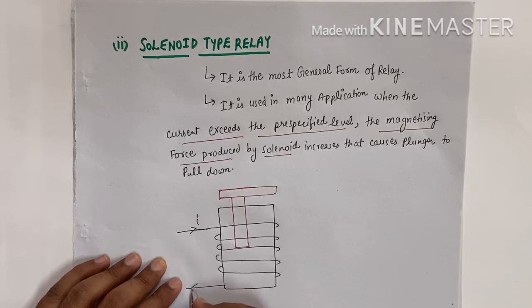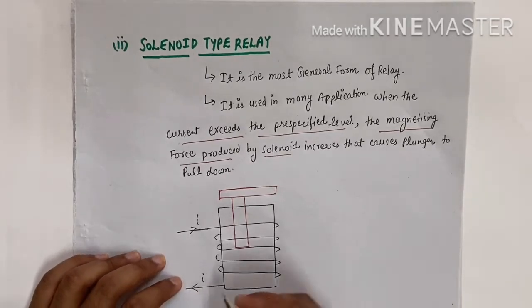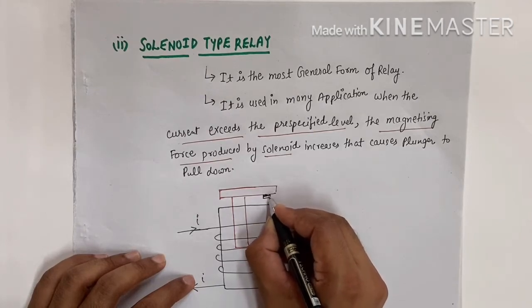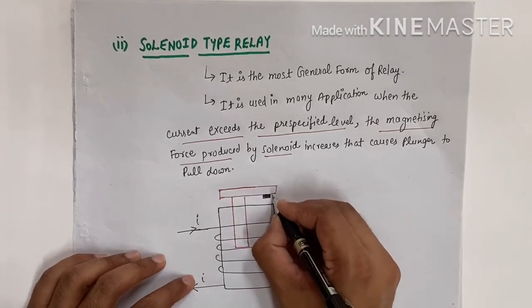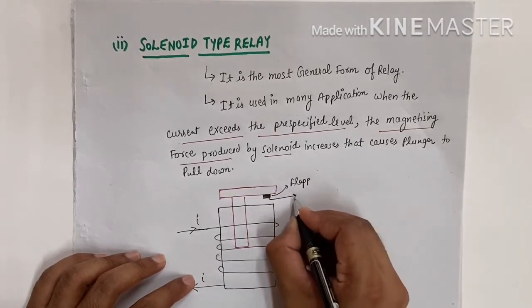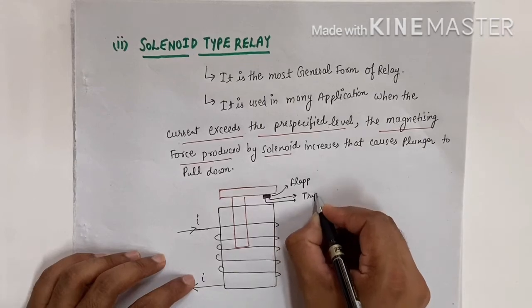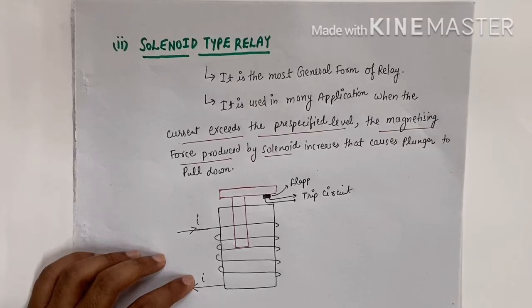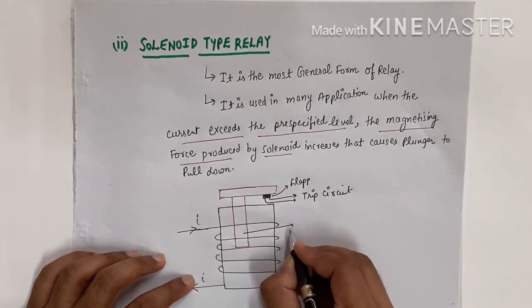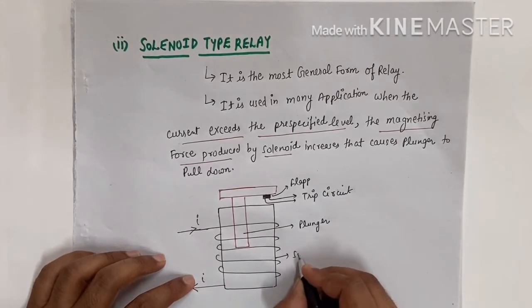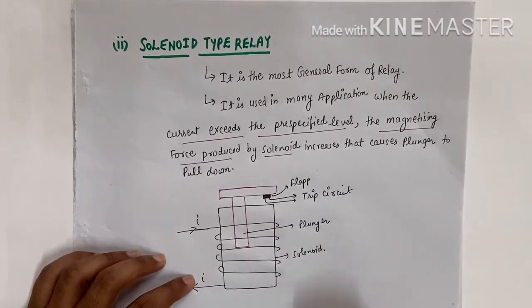Current I enters from this side and leaves from this side. This is the flap circuit, and from this it goes to the trip circuit, and this is the plunger, and this is the solenoid. Okay, so this is the construction.